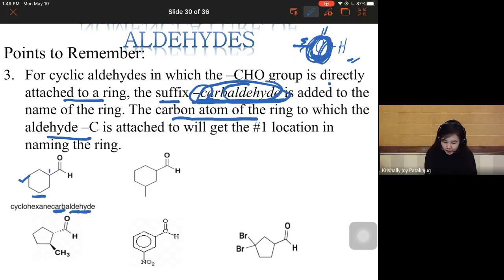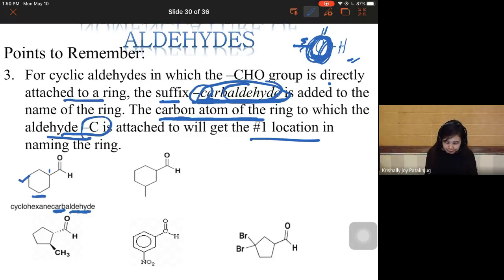The carbon of the ring where the aldehyde is attached will get the location number 1. So automatic, in cyclohexane carbaldehyde, the aldehyde group is attached at carbon 1 of the cyclohexane.